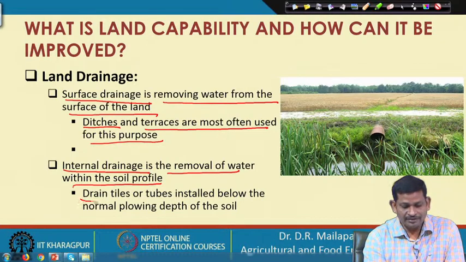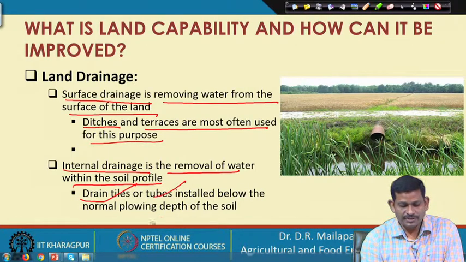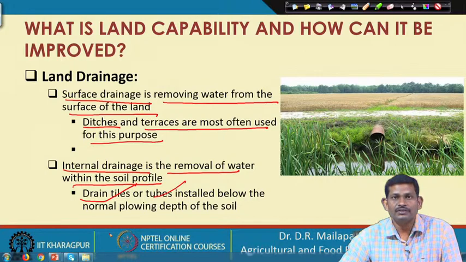Basically tiles or tubes installed below normal plowing depth will be used in the case of subsurface or internal drainage. Surface drainage removes the surface water, whereas subsurface drainage removes water from the root zone. Definitely this will be helpful in removing the salts from the root zone.